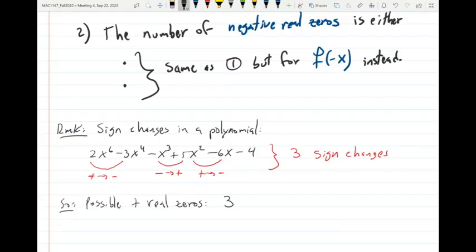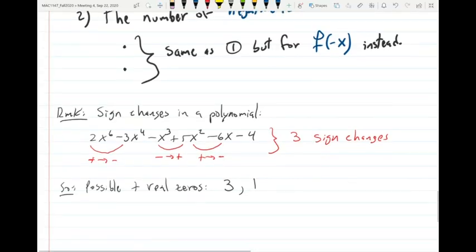In other words, the way you get the possibilities is by doing minus 2 each time. So 3 is either 3 or 1, and then we stop because it doesn't make sense to have negative 1 positive real zeros. So this polynomial is going to have either 3 or 1 positive real zeros. In particular, it's telling me that it will have a positive real zero. This is helpful when you consider the list.